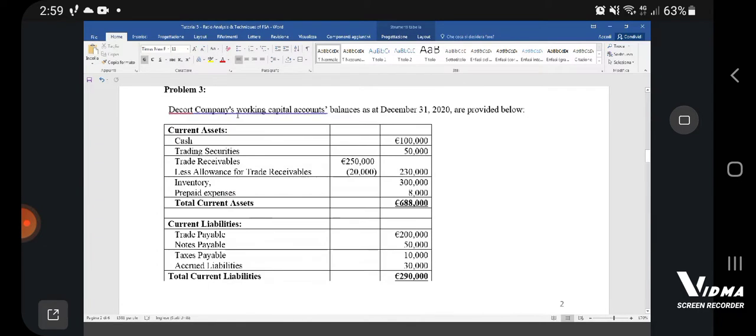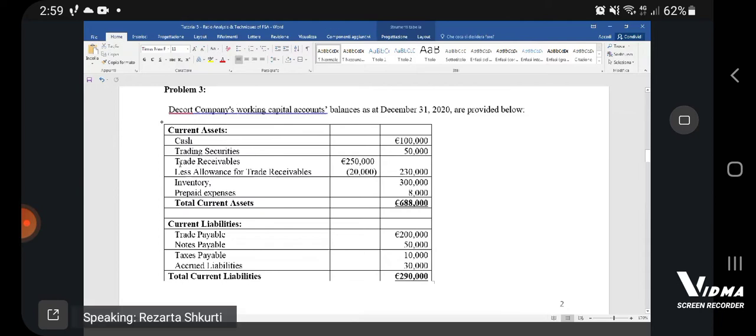We have another problem over here. There are the account balances for the working capital items of a certain company. Remember that the working capital accounts relate to both current assets and current liabilities. And we have them detailed over here: cash, trading securities.